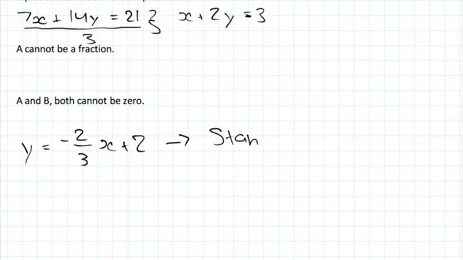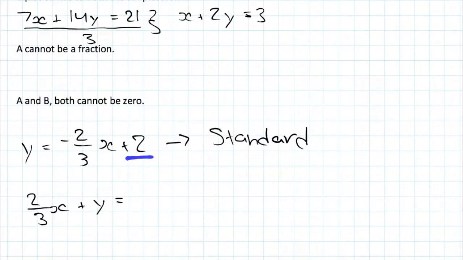Now, an easy way of doing this is basically isolating for the constant, or basically the variable that is a real number. So in this case, it's 2. So what we can do is we can bring negative 2 over 3 x to the other side. We can say that 2 over 3 x plus y is equal to 2.